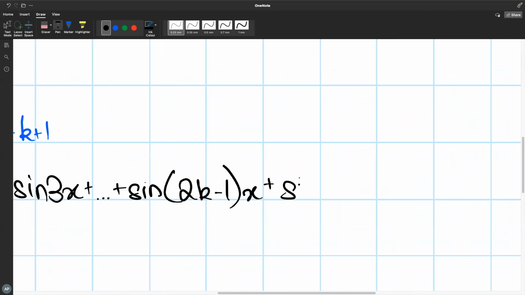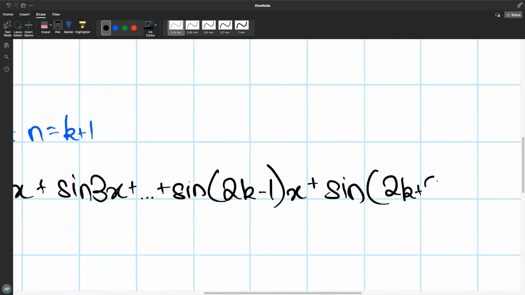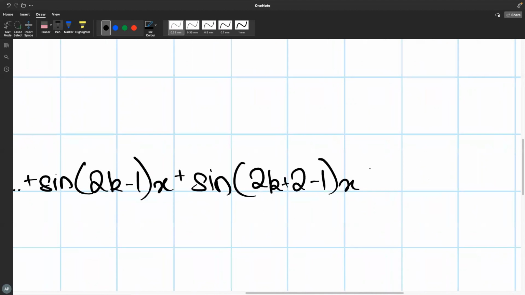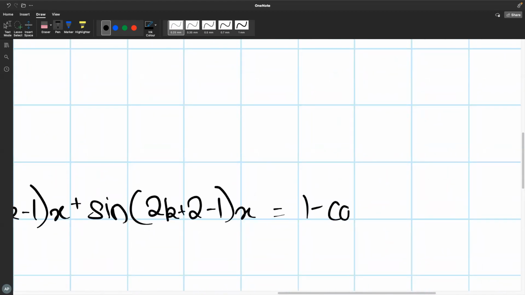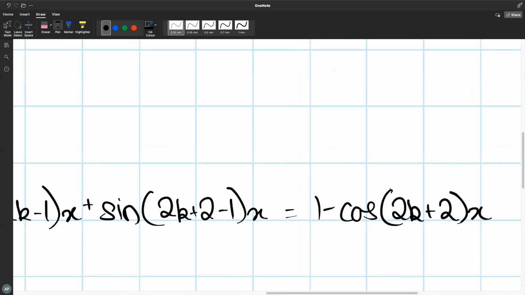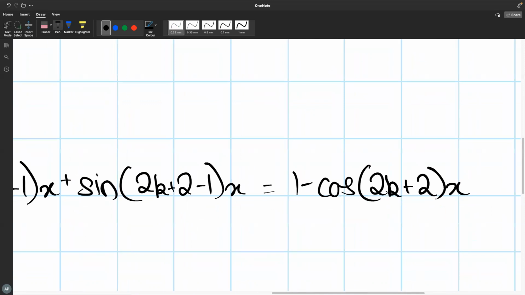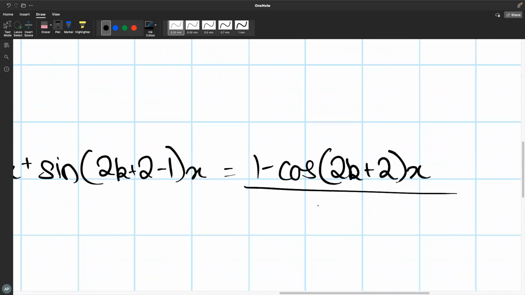So that's plus sine of 2k plus 2 minus 1 x, because we did 2 times k plus 1, which is 2k plus 2. So I've just put that in here. So that's equal to 1 minus cosine, in brackets 2k plus 2 x, because we had to sub in k plus 1 and it's 2 of n, so 2 times k plus 1 is 2k plus 2, over 2 sine x.